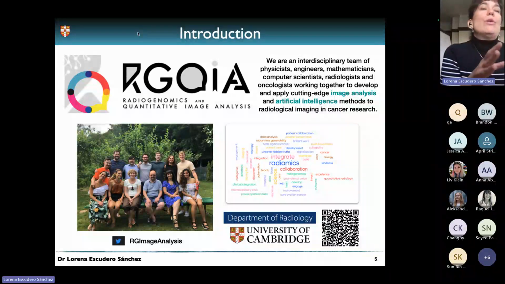And we are a really interdisciplinary team, which I think is our main strength and something really enjoyable when working on these kinds of problems. You can share experiences and discussions with a group that contains physicists like myself, engineers, biomechanical engineers, mathematicians, computer scientists, and of course, the clinical experts, radiologists and oncologists, most of them.